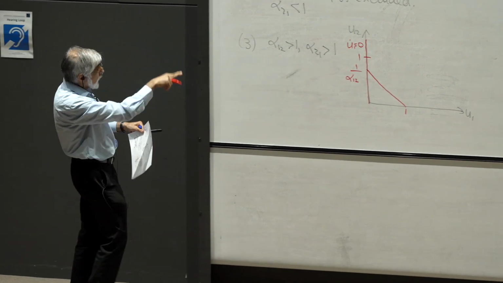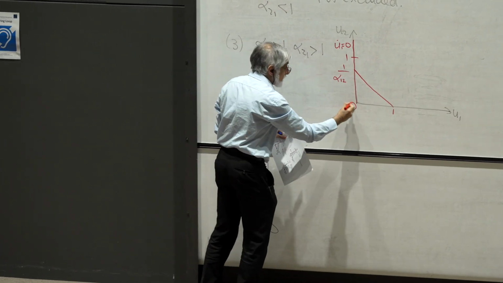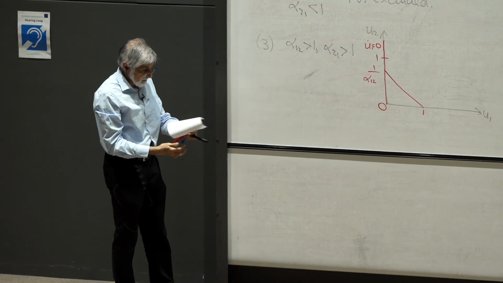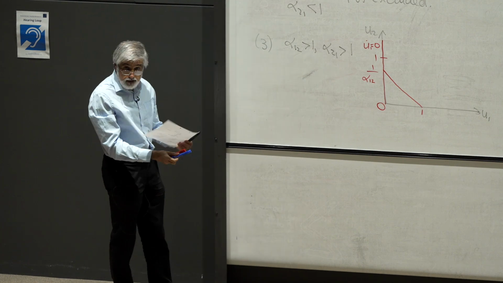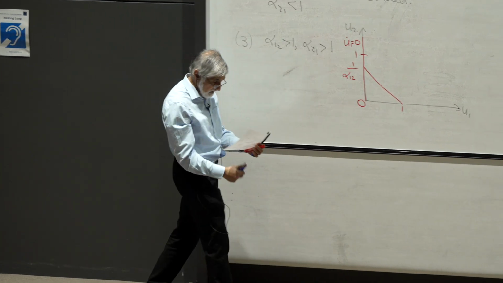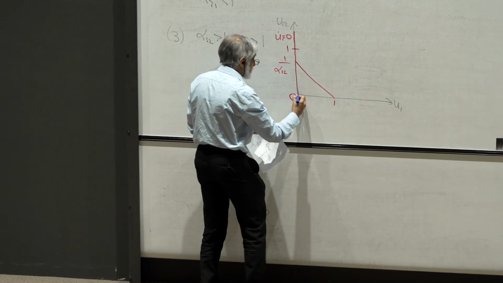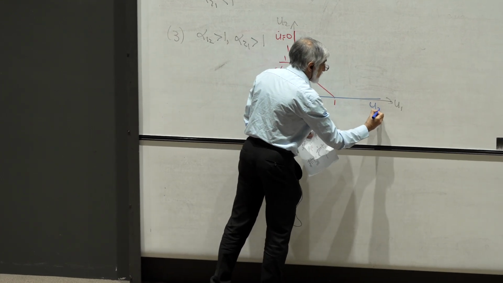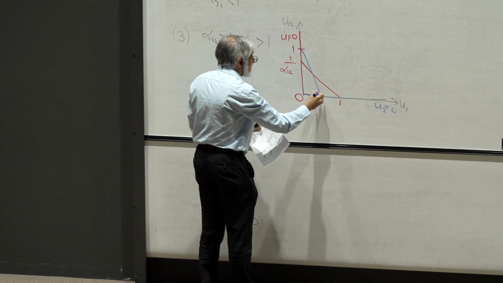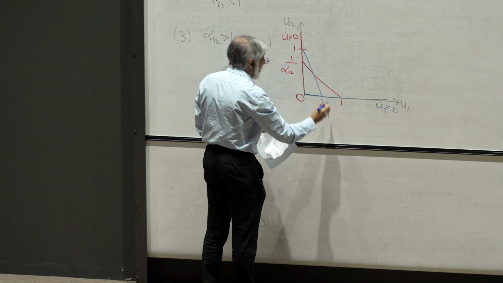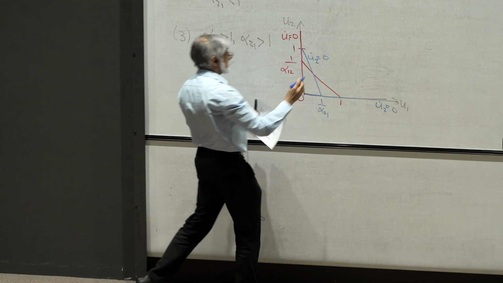Now alpha 1,2 is bigger than 1, so this intersection is less than 1. And the other one, they're both bigger than 1, so there'll be a coexistent steady state. So there'll be this one, U2 dot equals 0, and this one, 1 over alpha 2,1, and that's U1 dot equals 0.